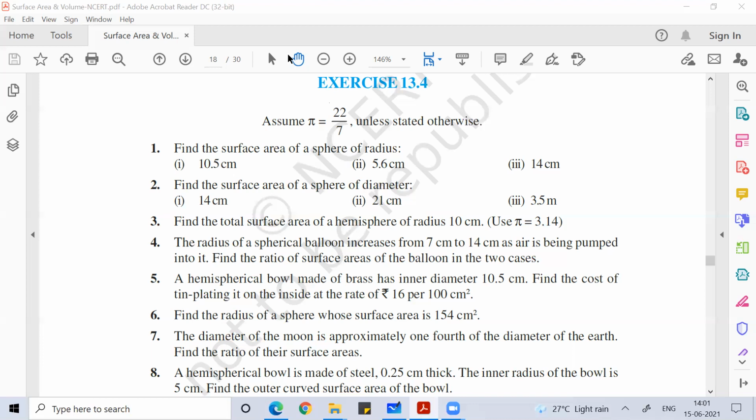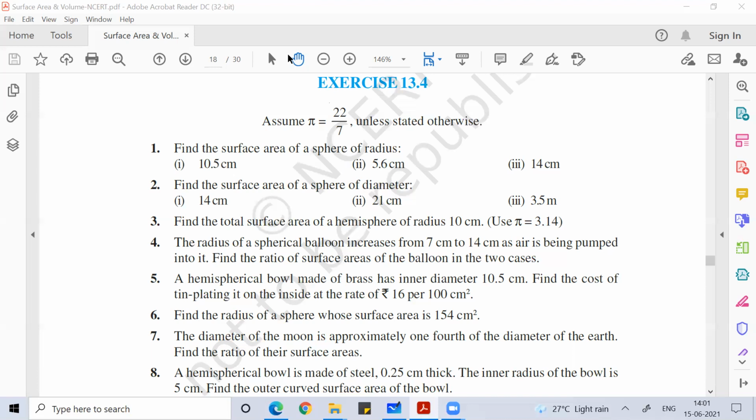या डायमीटर को रेडियस में कन्वर्ट करूँ. So 10.5 डिवाइड बाय 2 हो जाएगा 5.25, and then I'll apply the formula 2 pi r square. 5.25 will be divisible by 7, ये चीज मुझे पता होनी चाहिए. So 5.25 को मैं 525 by 100 लिख दिया, डिवाइड बाय 7 करूंगा तो 75 by 100 आ जाएगा.